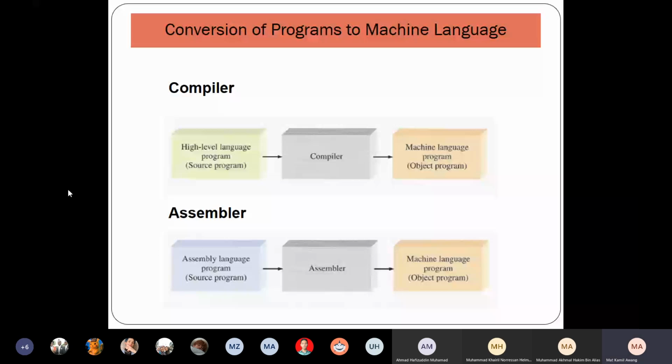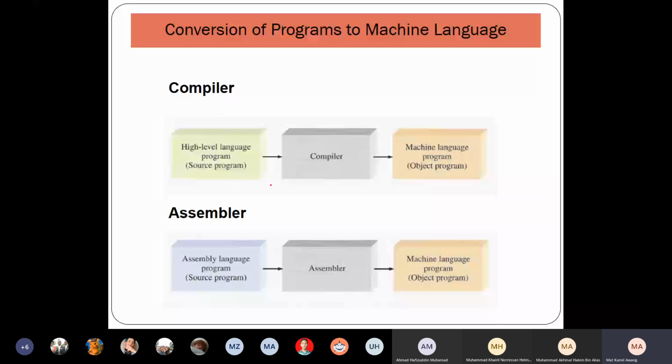The compiler basically has to convert the high-level programming language into machine language, into ones and zeros. So we call it a compiler. That's why you have to compile your high-level program.